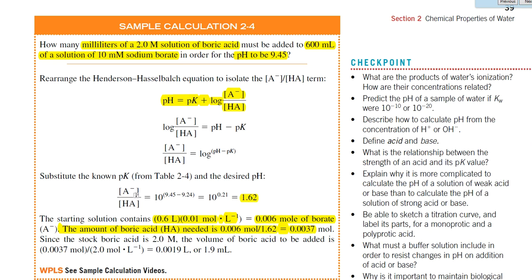So with this formula, conjugate base by acid equals 1.62, which we found out.